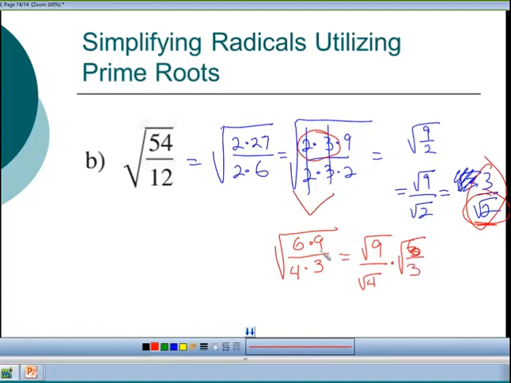See how I rearranged it? I put the 9 in front and the 4 in front, and then I put the 3 behind and the 6 behind. So I can break it up into individual parts of the roots, and so this will turn out to be 3 over 2 times the square root of 2.